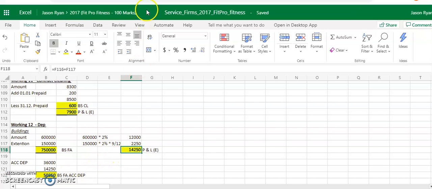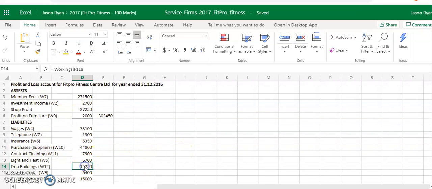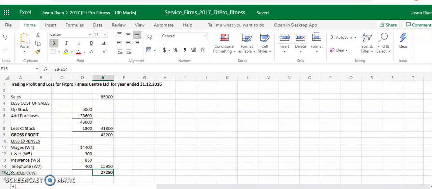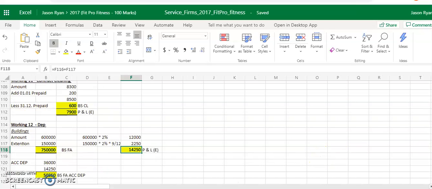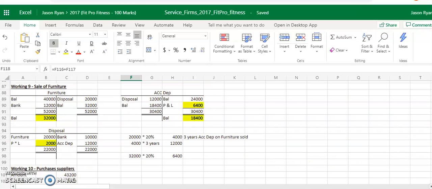So this figure 14,250 will go into your P&L. Then we already have the depreciation for the furniture done as the previous working. So when we sold it, we would have done the calculation for it, so 6,400.